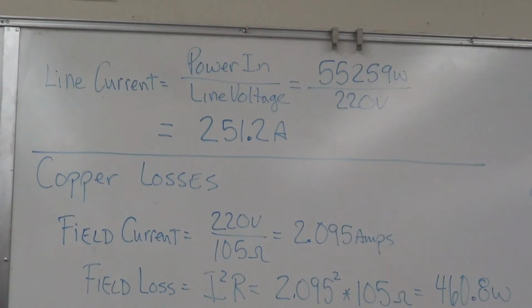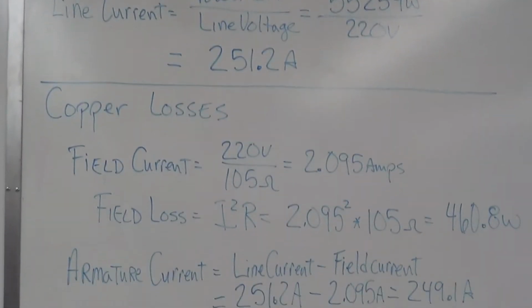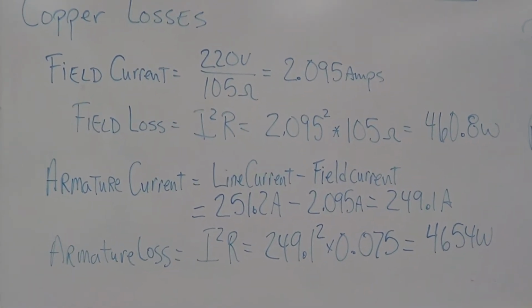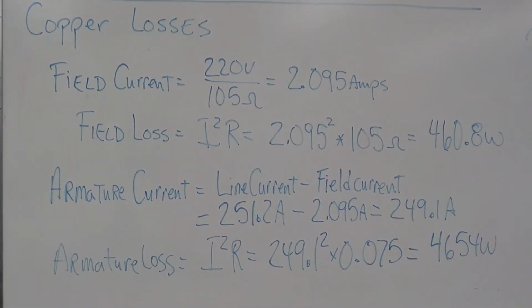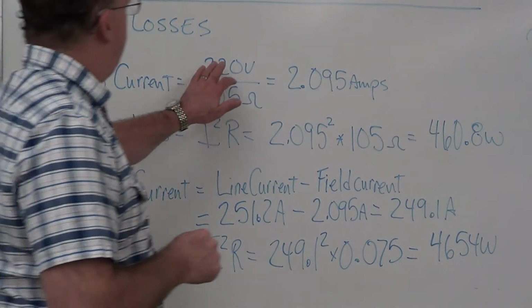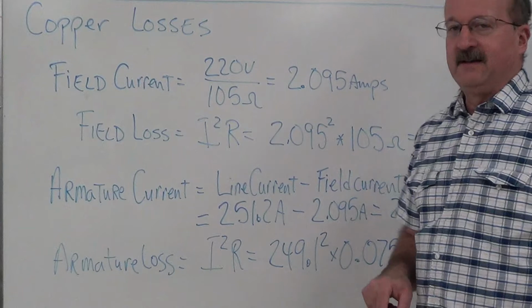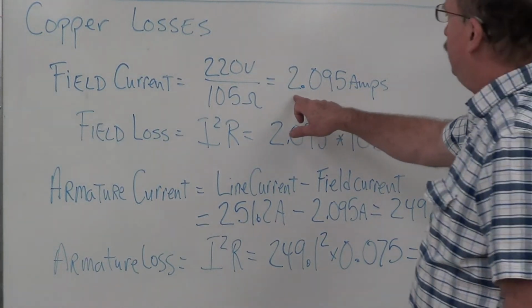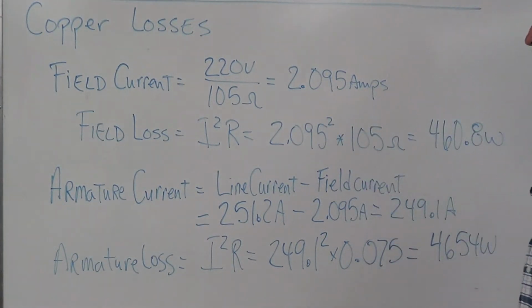Now let's go down here to copper losses. First, our field current through our shunt field: 220 volts divided by 105 ohms, E over R, gets you 2.095 amps.